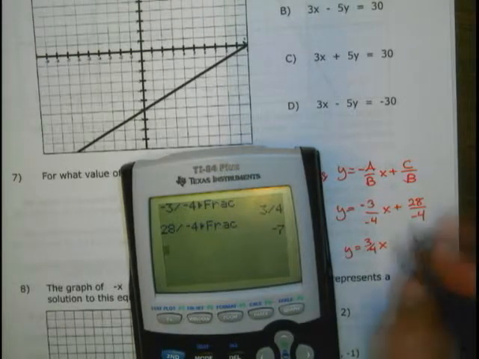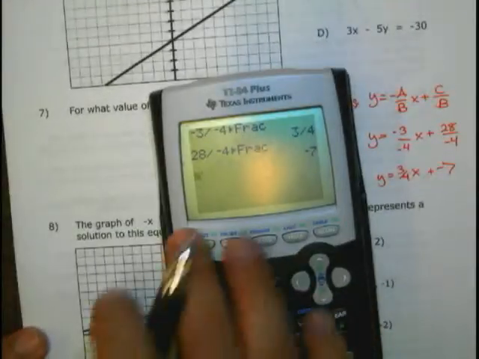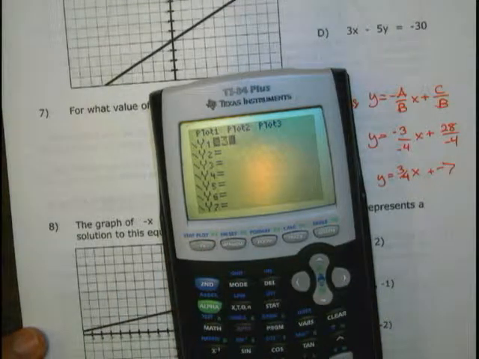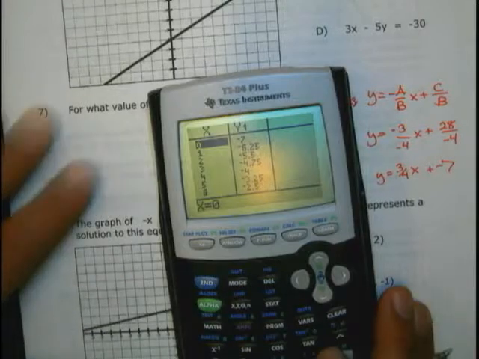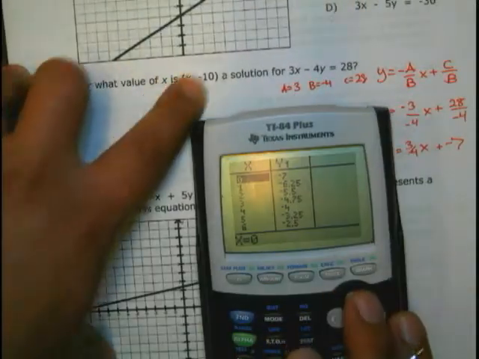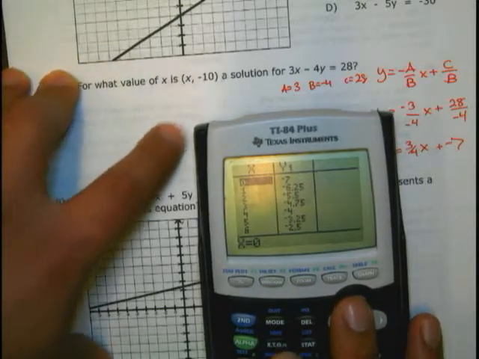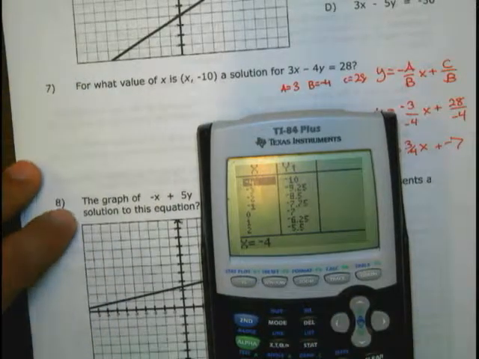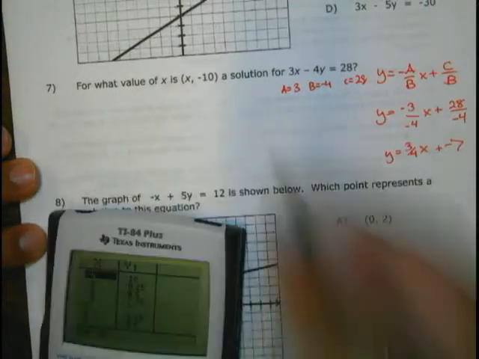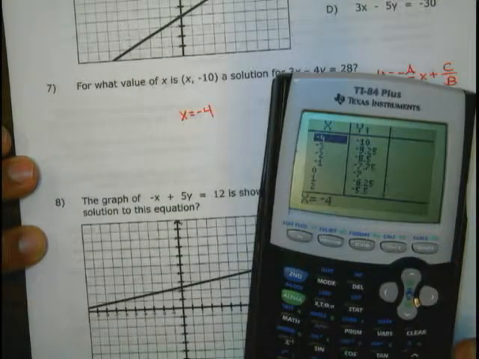Math frac that, and we get negative 7. Now with this, we get the benefit of typing in y equals, and we'll type 3 divided by 4x plus negative 7, and I'm going to bring up the table. The table will tell me that I'm looking for the solution at negative 10, so I'm going to go over here and see when the y is negative 10, which is there. So that means that the x value on this one is negative 4. That's how you get the solution for that one.